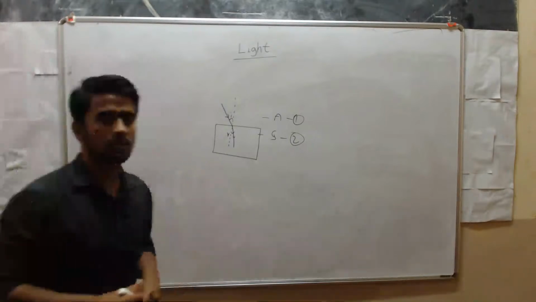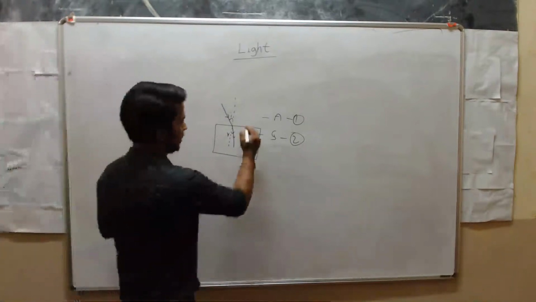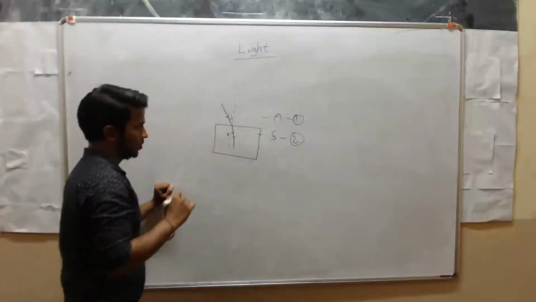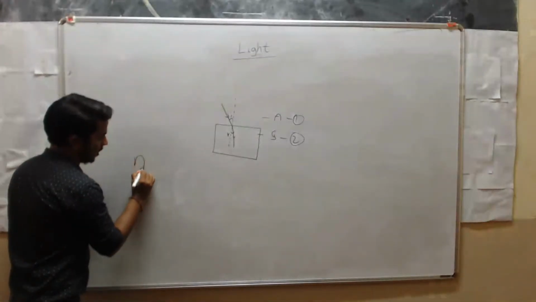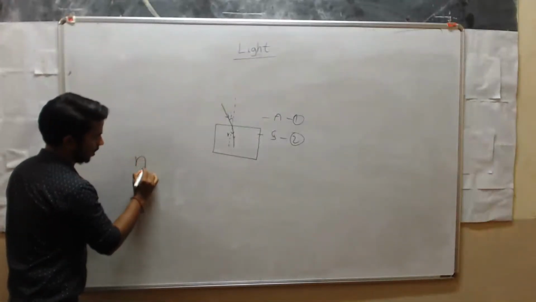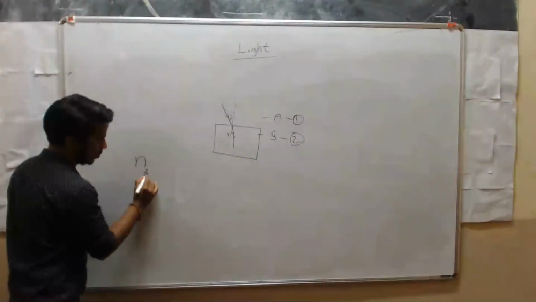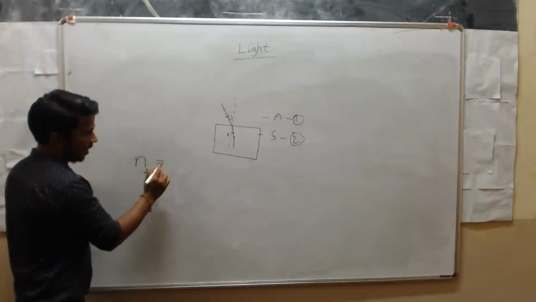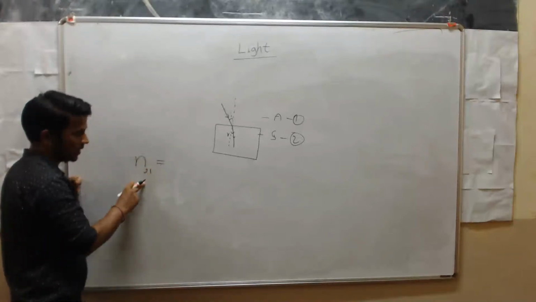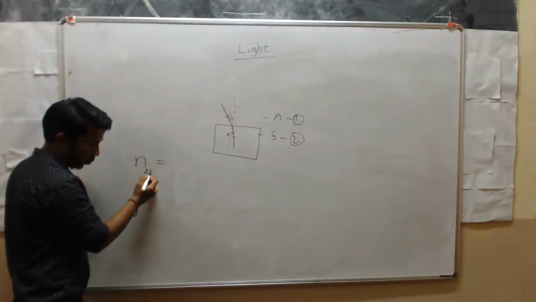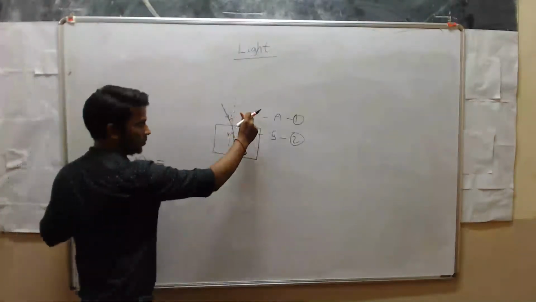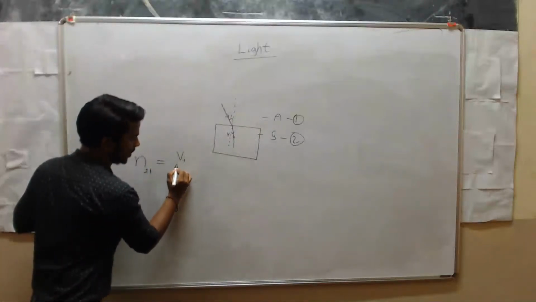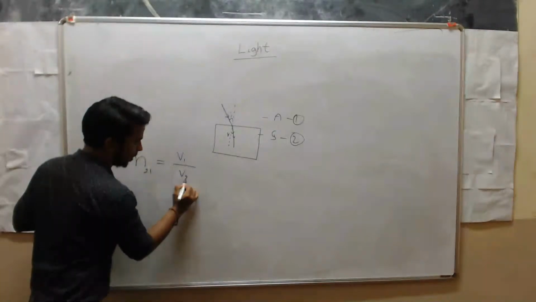can be expressed in terms of refractive index, which means just imagine this is a ray of light traveling from medium 1 to 2. Okay. Now, see, I will write this as n21. Okay, see here n21, which means a ray of light traveling from medium 1 to 2 is equal to v1 divided by v2.